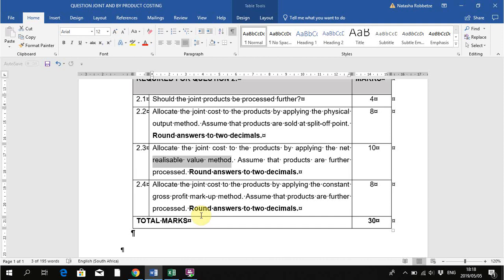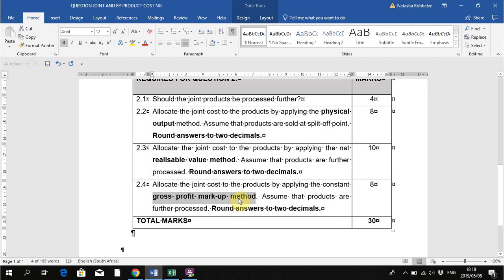So there's basically three methods that are important: the physical output method, the net realizable value method, and then the gross profit markup method. That's the three types of calculations you need to be able to do above and beyond knowing whether products should be further processed or not.